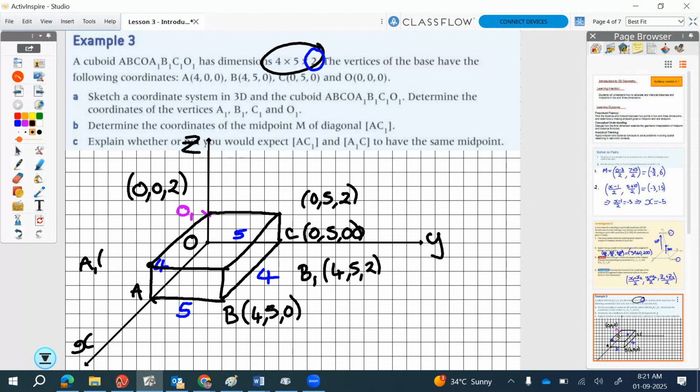It's written there at the top. 4, 0, 0. Yeah? So if we move that vertically up by 2, what will the new coordinate of A1 be? 4, 0, 2.